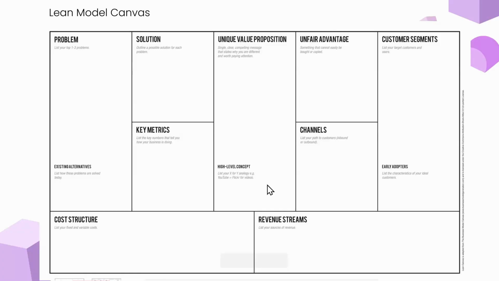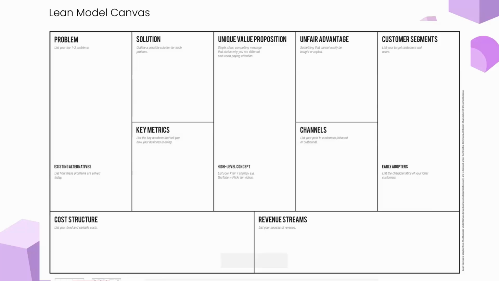The lean model Canva is where you build some product, where you come up with some business plan, but also try to fit in and ask a lot of questions to your customers so that your business model Canva is a dynamic one. It is not a static one.